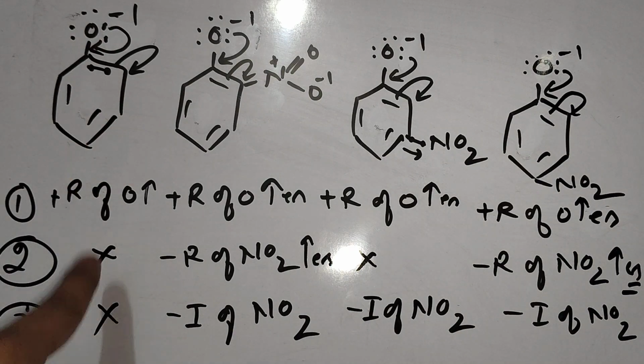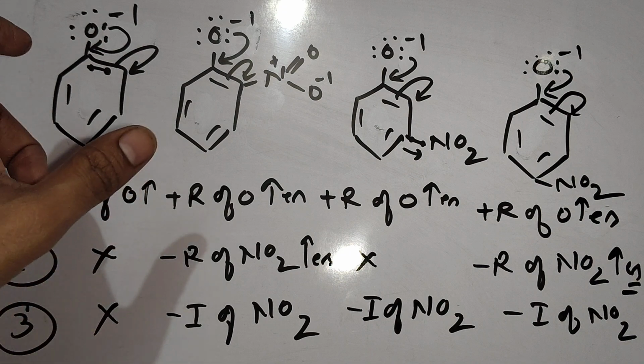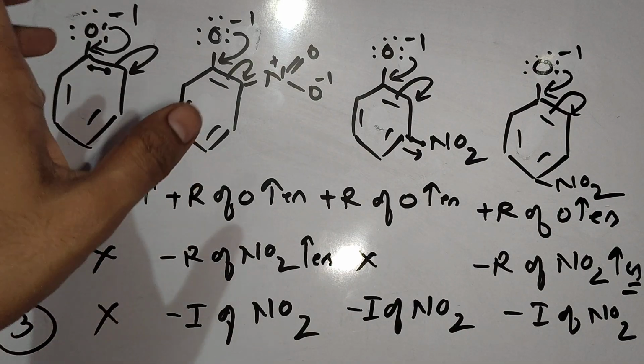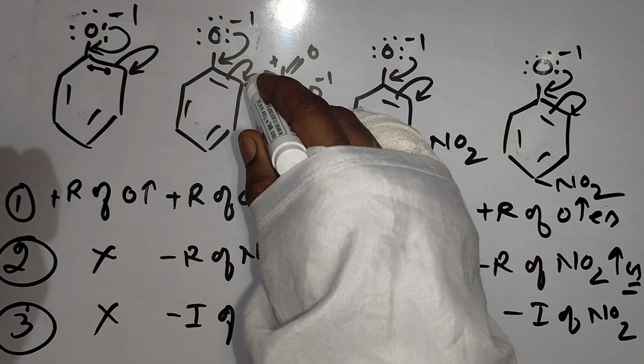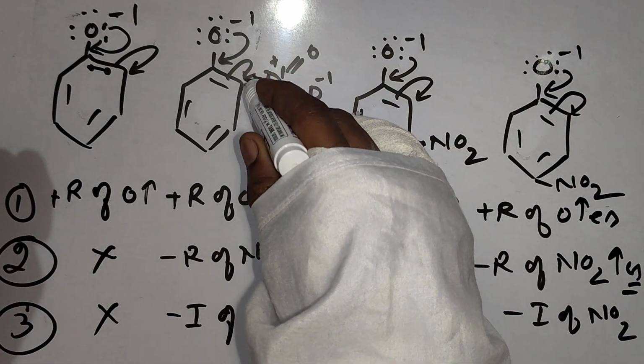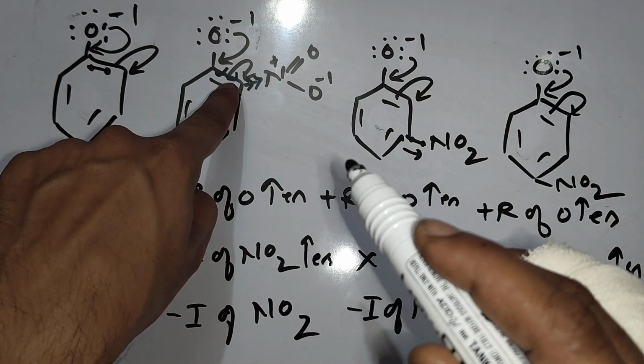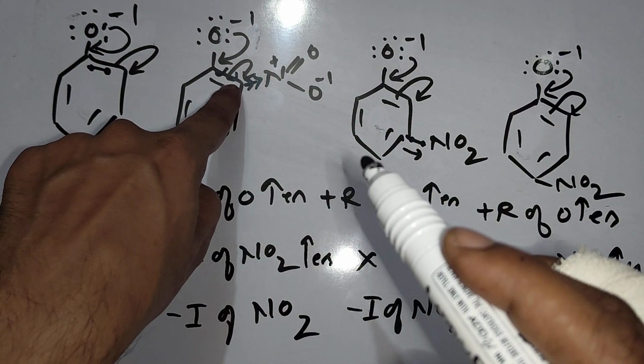In this case, the substituent is not available, so the minus I effect of the substituent is not there. Here we have the nitro group as a substituent. It is showing the minus I effect. What is the minus I effect? It means it will absorb electrons due to the electronegativity difference. So don't you think if it absorbs electrons like this, as this carbon loses electrons toward nitrogen, it will become positive.